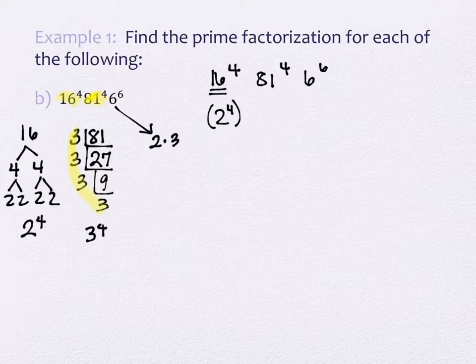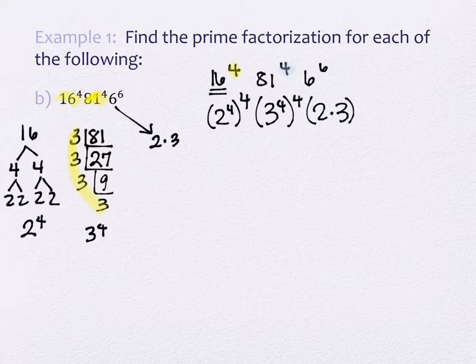But then there's still this 4 here that has to be represented as a power 4. Is everybody good with that? 16 is 2 to the 4th, and it happens to be raised to the power 4. 81 is actually 3 to the 4th, and it also happens to be raised to the power 4. And then 6 is 2 times 3 raised to the power 6.